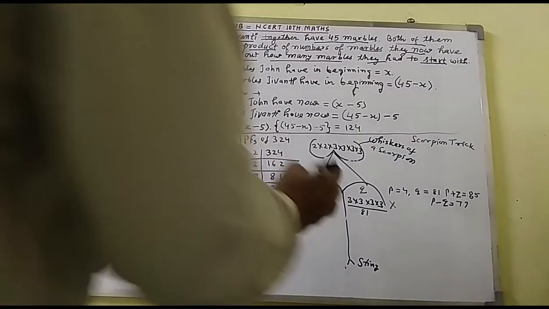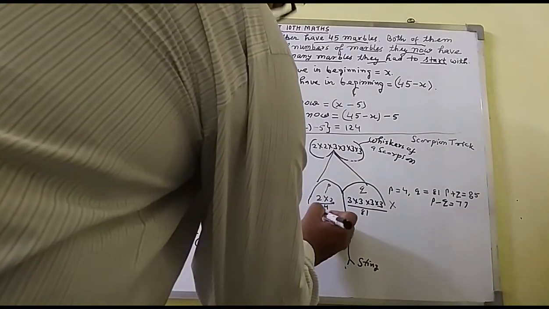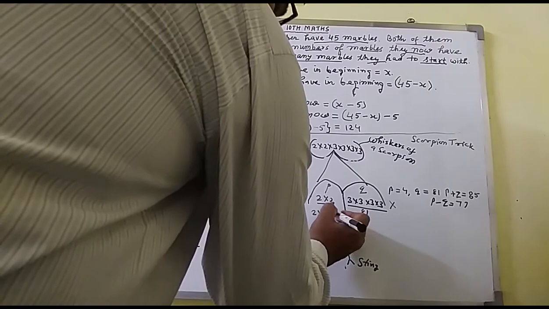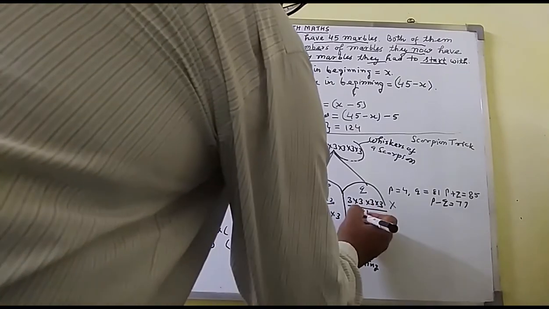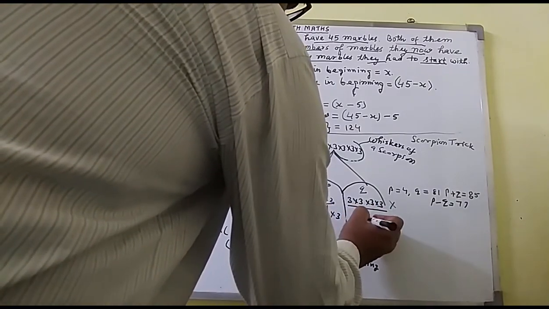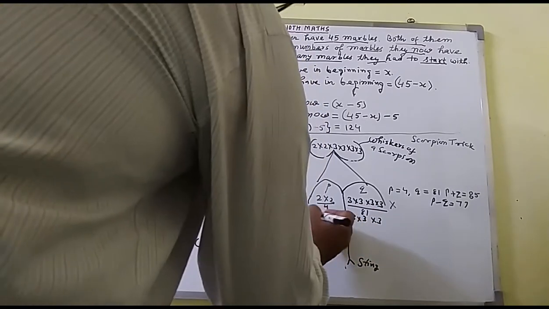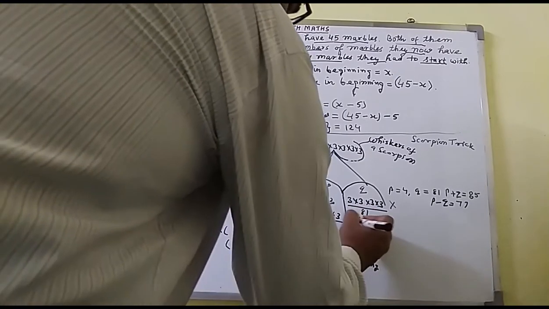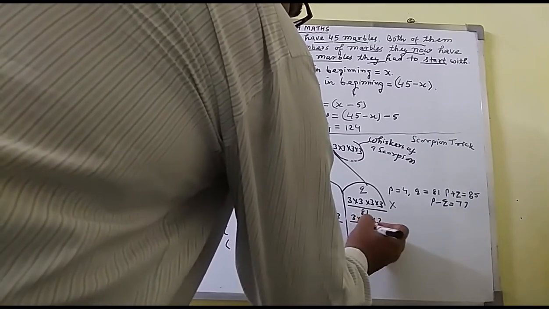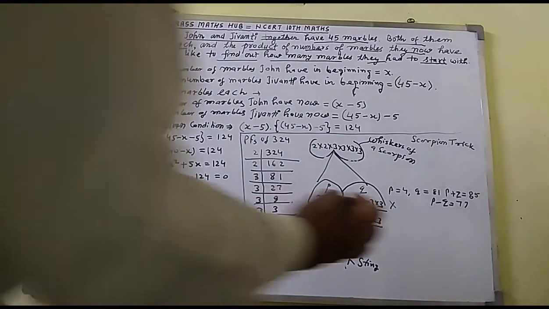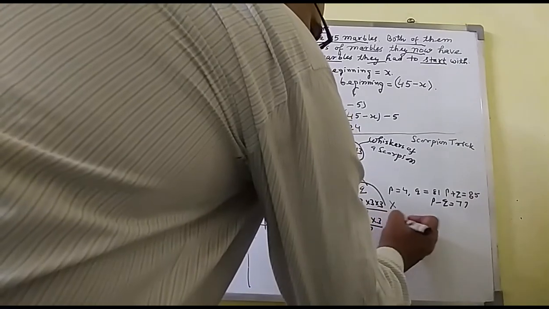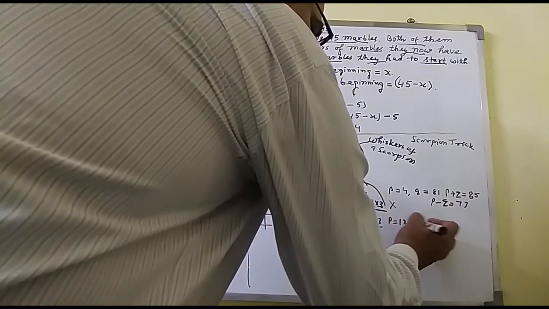You can see the next distribution: if I take 2 into 2 into 3 here, you will take 3 into 3 into 3. If you do the operation, you will get 12 here and 27 here. P is equal to 12, Q is equal to 27.